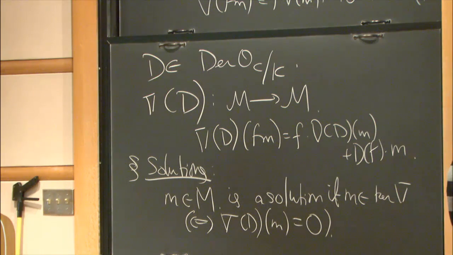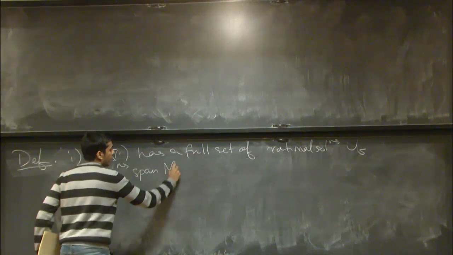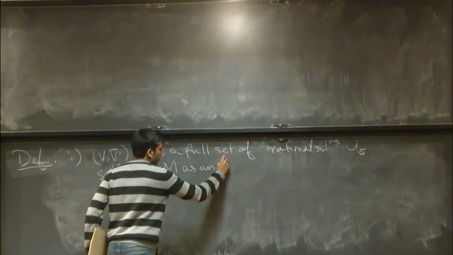So we say that the vector bundle with connection has a full set of solutions. In fact, let me say rational solutions if the solutions span M as an OC module.